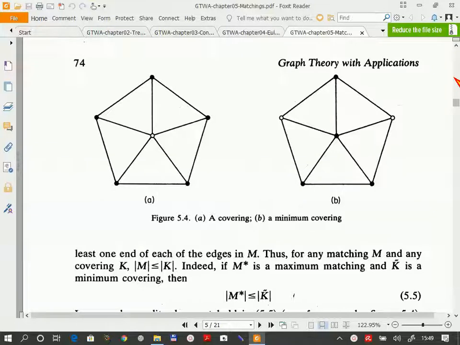And so what you want is to make a minimum covering. In this case, for instance, you have a covering, so if you put wards here, then every corridor is actually watched, okay?